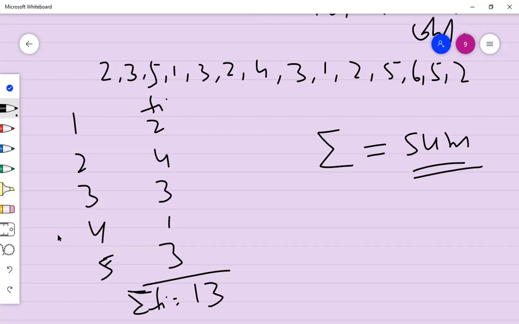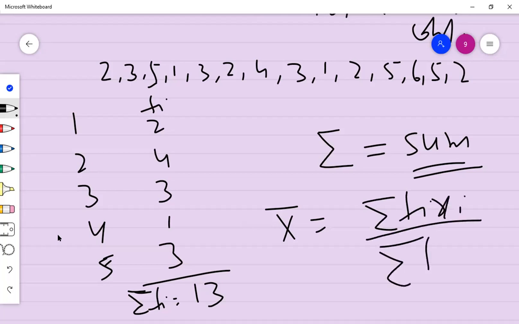So how to find the mean? Mean is sigma fi xi upon sigma fi. Here we have fi xi.